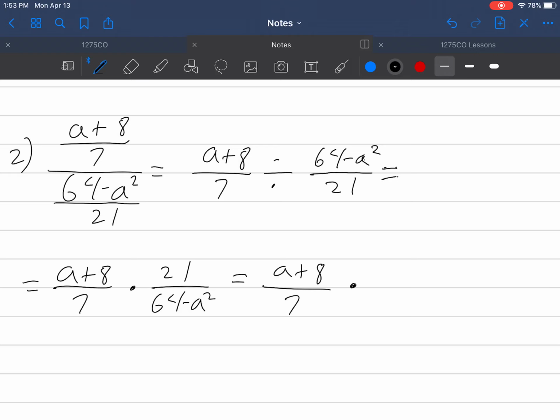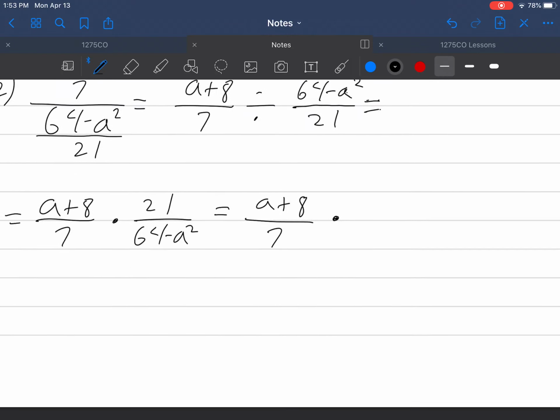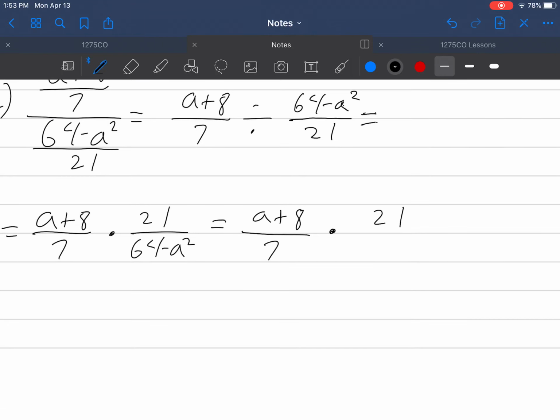Now in order to finish reducing, because that's the next step after you turn this to multiplication, reducing means that we have to factor first. So 64 minus a squared reduces to 8 plus a and 8 minus a. This is the difference of perfect squares. So what's going to cancel out here?